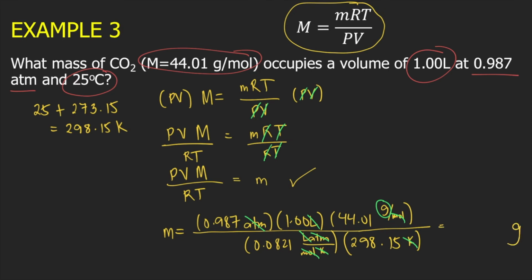And if you solve this in your calculator, we have 0.987 times 1 times 44.01 divided by 0.0821 times 298.15. This is approximately equal to 1.77 grams. And this is the answer to the question.